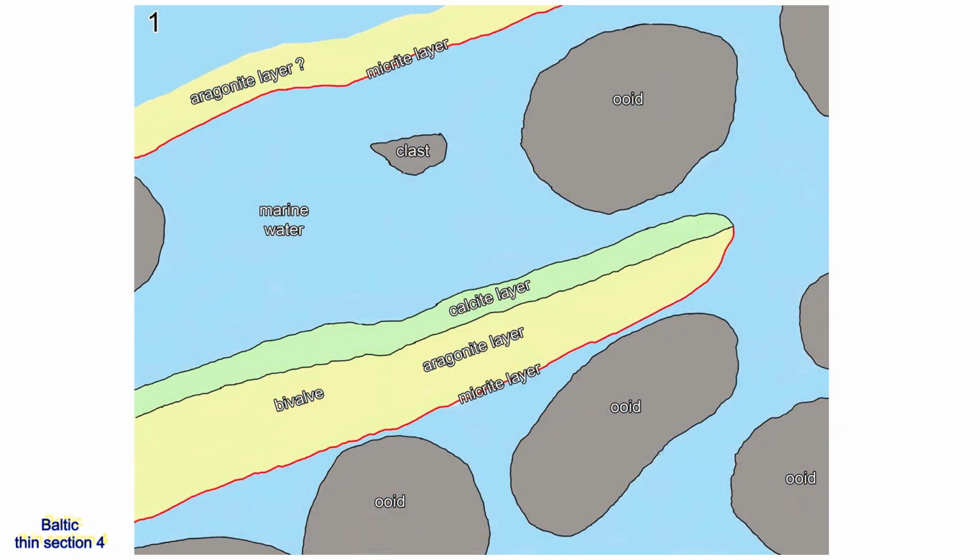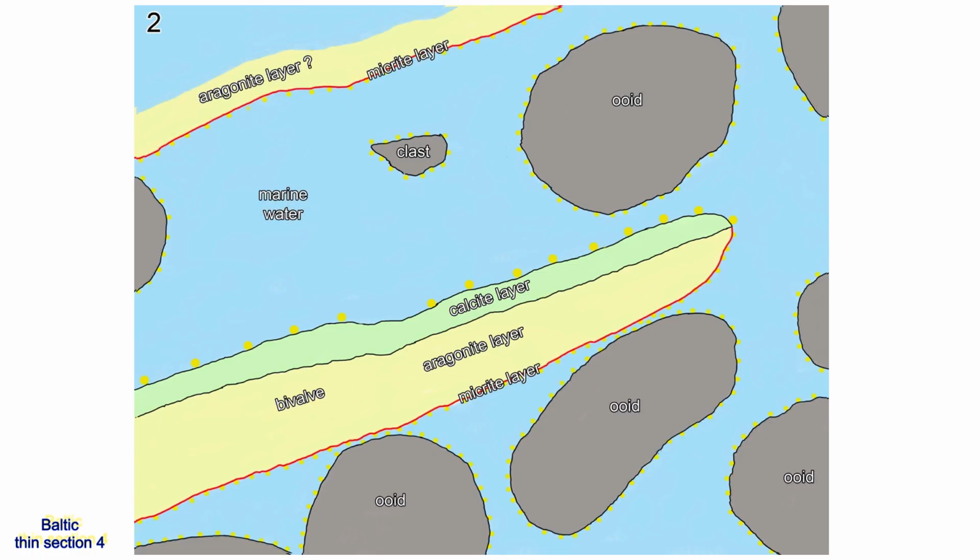The position of these grains is that shortly after deposition, while they were still based in seawater. The lower bivalve has all its layers intact. The upper bivalve has no micrite layer on its upper surface, perhaps due to the loss of a calcite layer shortly before deposition.